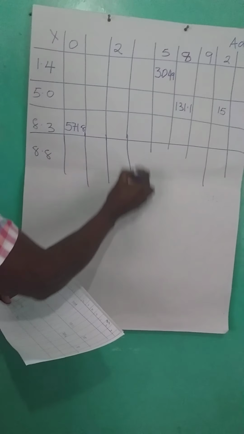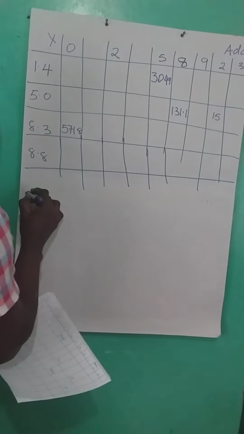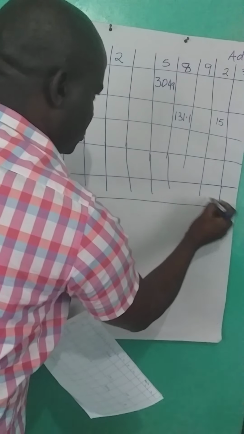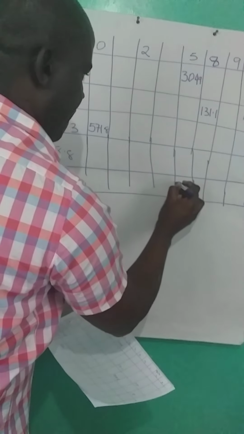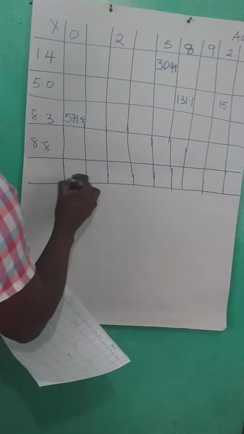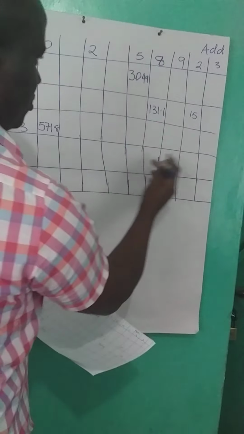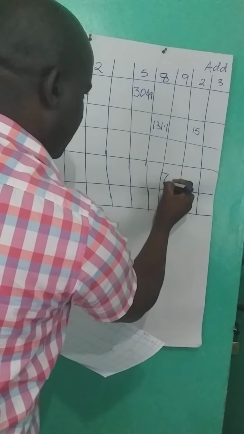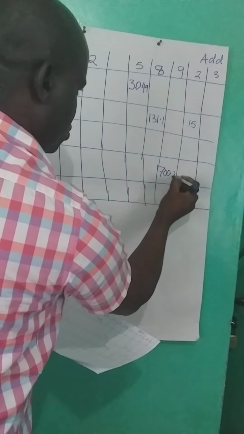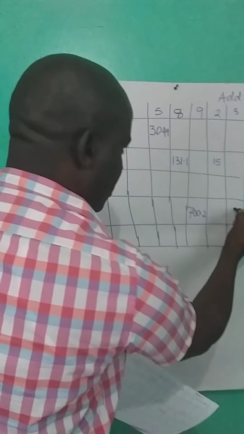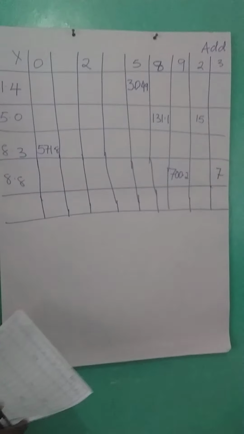Then the last ones which we are going to use in our examples: we have 8.89 all the way to 9, you find 700.2, and then we are going to add 7 on the other side.